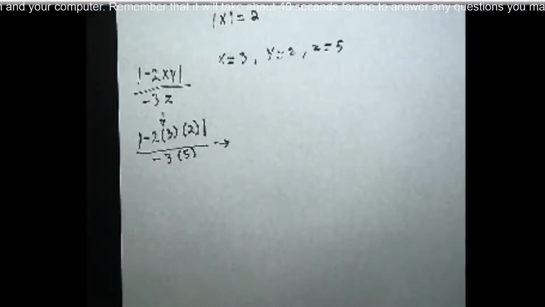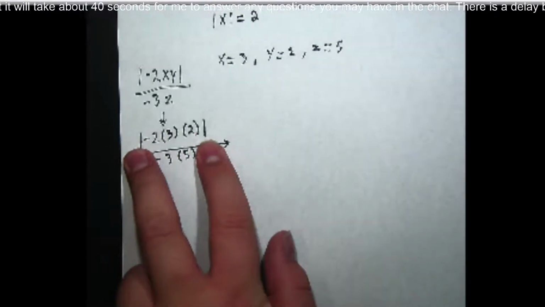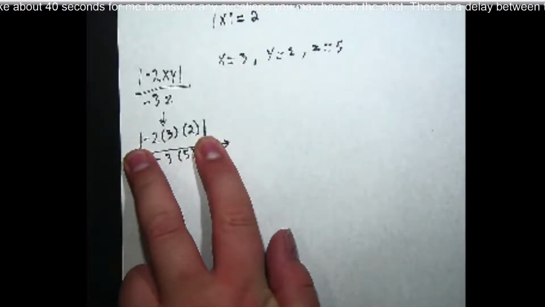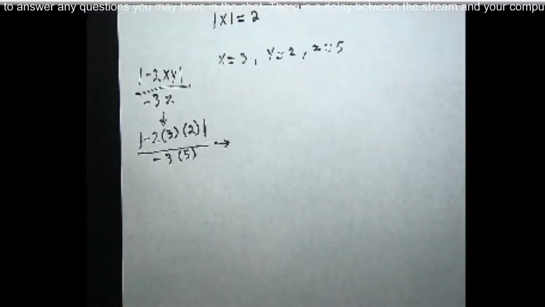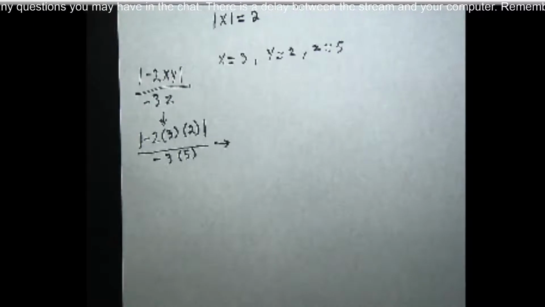Now remember that the first step in our order of operations is parentheses, right? Well, the absolute value actually acts like parentheses. It's another grouping symbol. So we're going to do what is inside of the absolute value first.